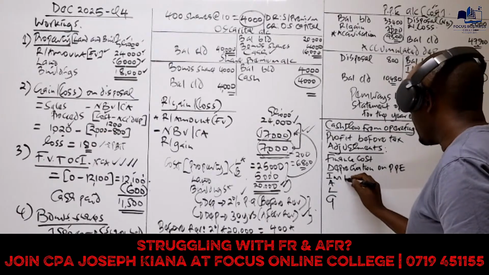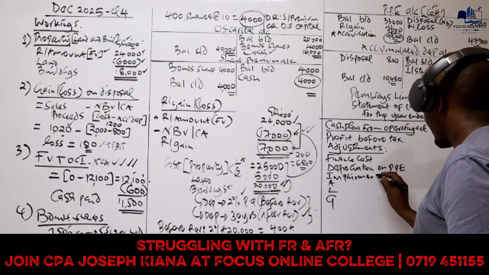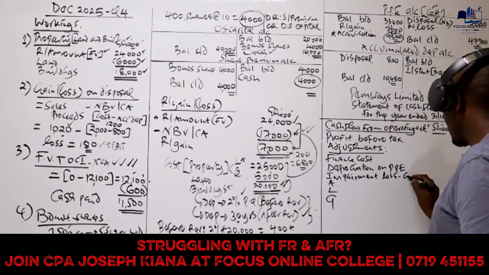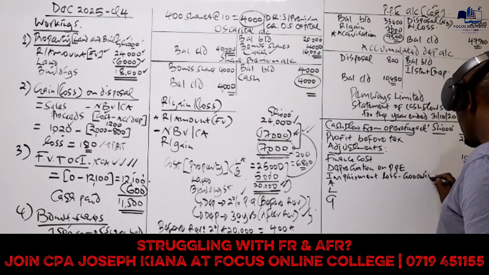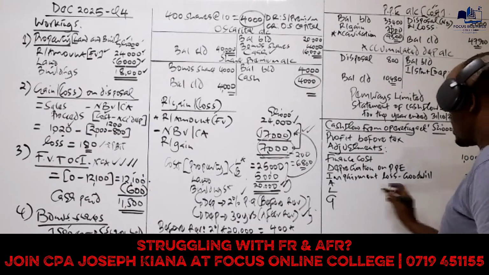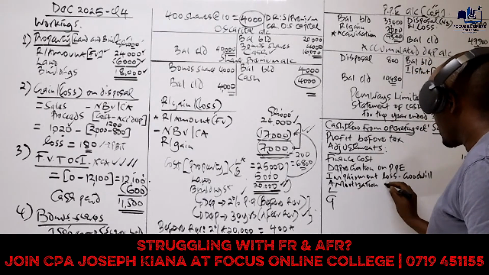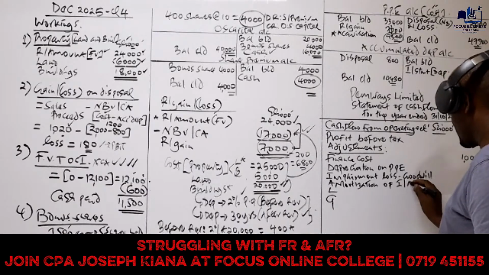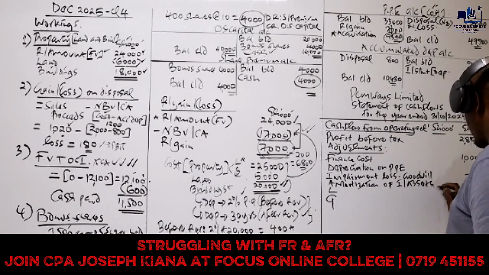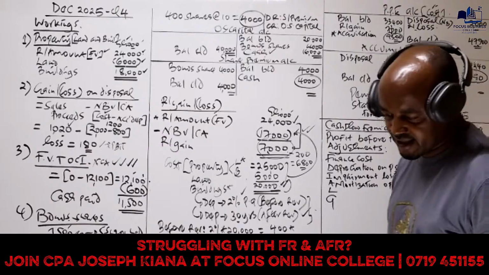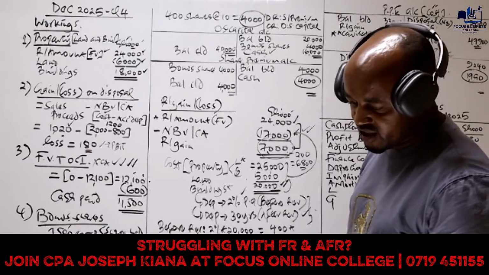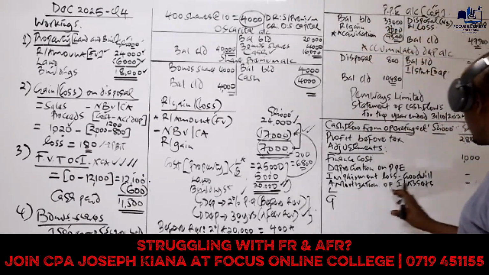This one stands for impairment loss on goodwill, which we don't have in this question. This one stands for amortization of intangible assets. Equally in this question, under the non-current assets in our balance sheet, we don't have intangible assets.